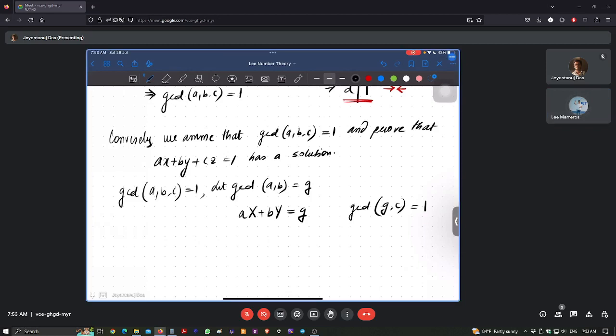So this implies that gw plus cz equals 1 for some integers w and z.